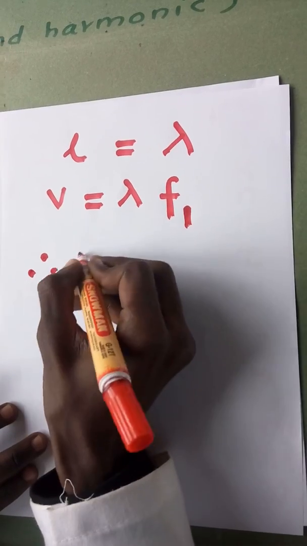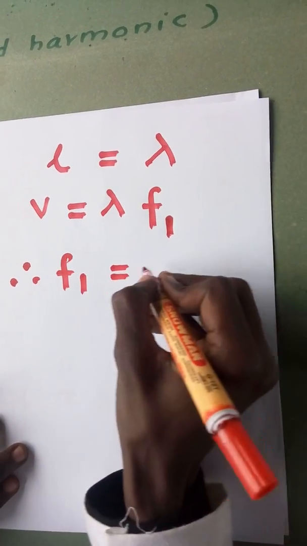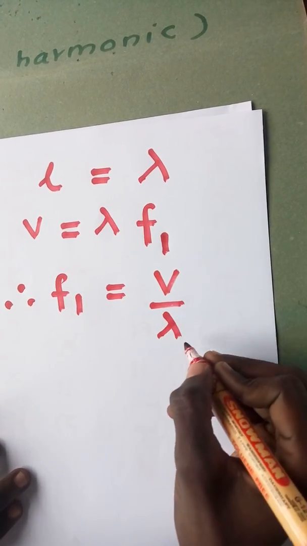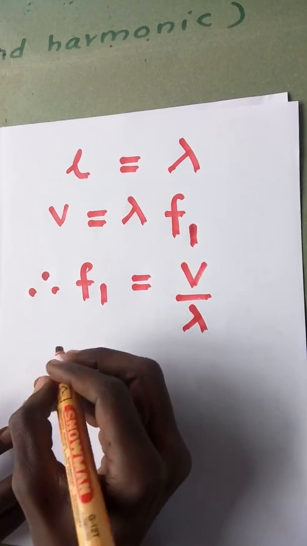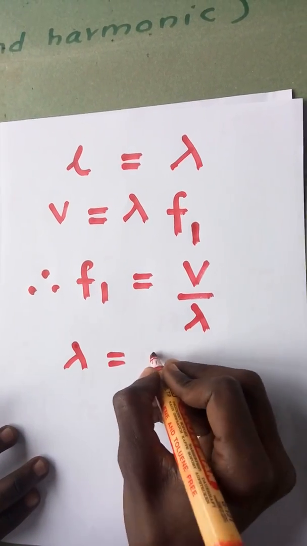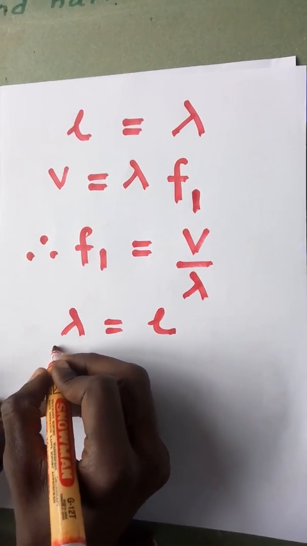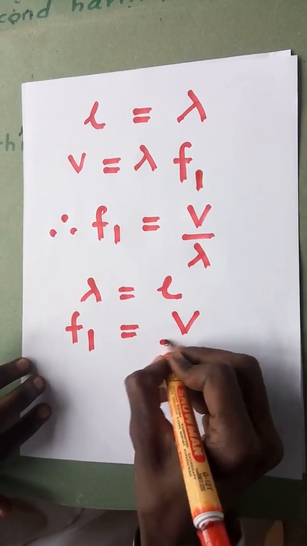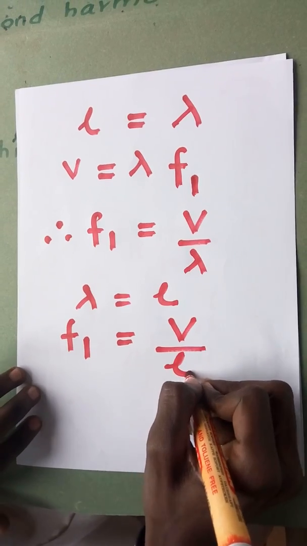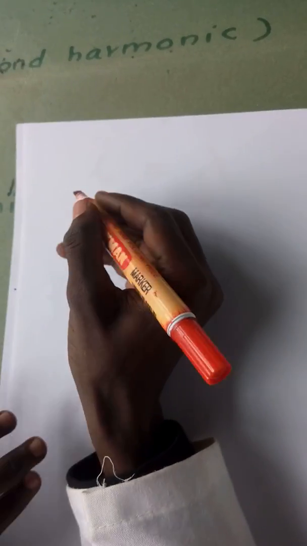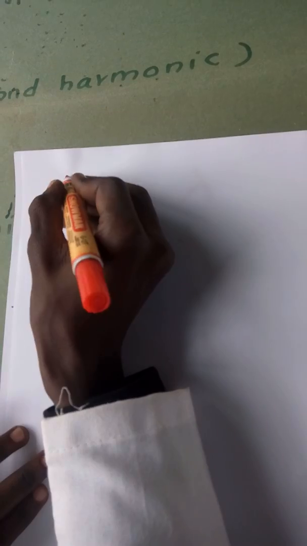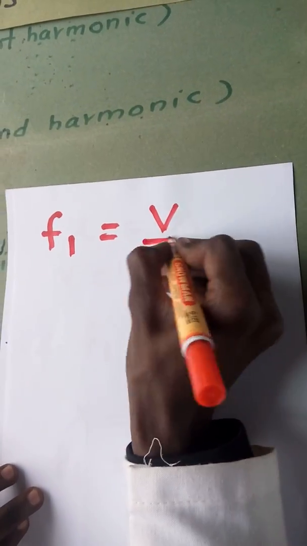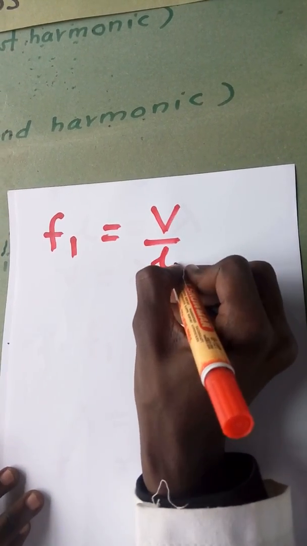Frequency of the first overtone is equal to velocity over wavelength. But wavelength is equal to the length of the string. So frequency of the first overtone is equal to velocity over length of the string.